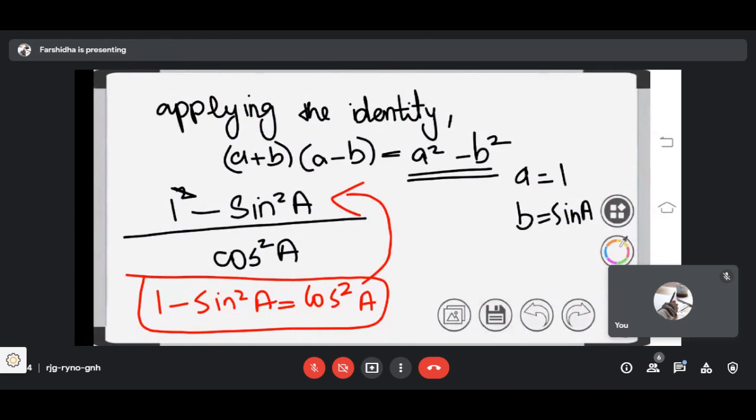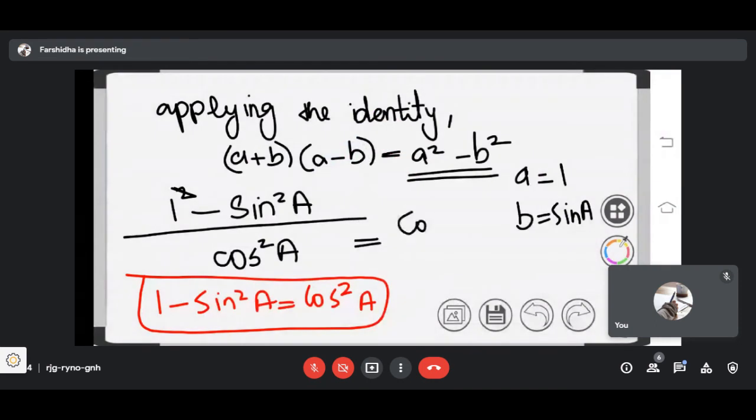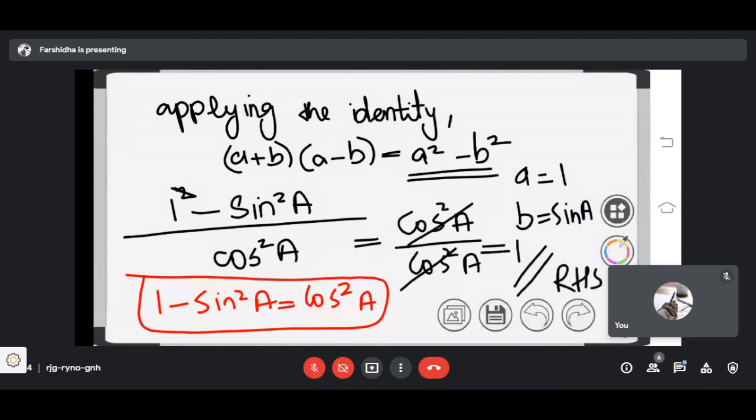The numerator 1 minus sin square A is cos square A, so I can write cos square A divided by cos square A. Cos square A by cos square A gets cancelled. What is remaining? 1. This is the RHS. So below that, write LHS equal to RHS, hence proved.